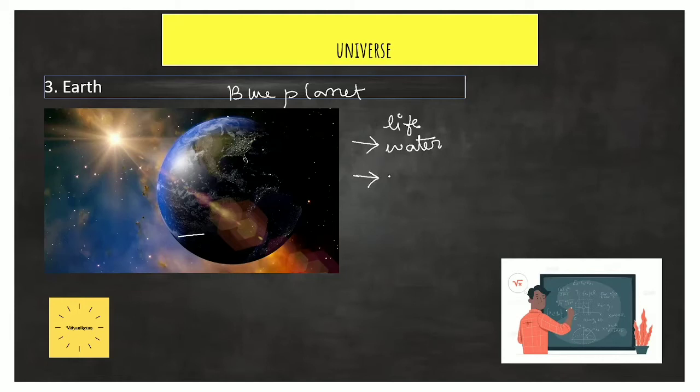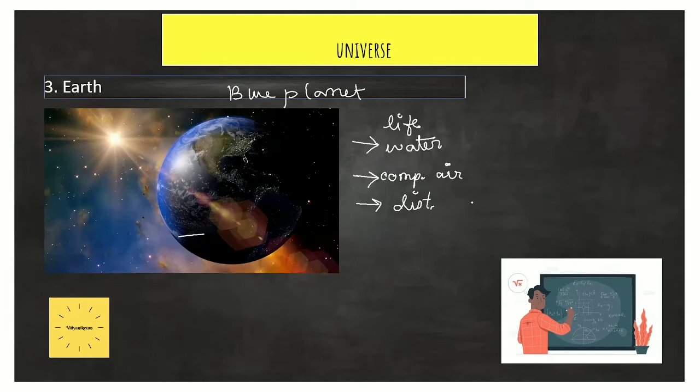We have the actual composition of atmosphere which is required for life to sustain on Earth. The composition of air is exact, which is required for a living being, and its distance from the sun is also at a perfect distance that is required for the amount of heat that is needed for life.